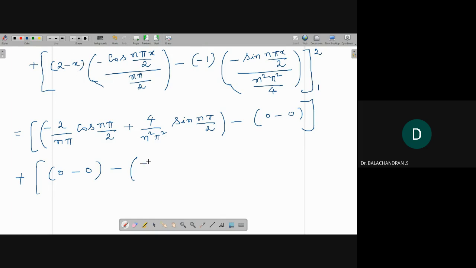So minus 2 divided by n pi cos(n pi by 2). Okay, so now minus, so minus 4 by n square pi square. When x is equal to 1, you get sin(n pi by 2).